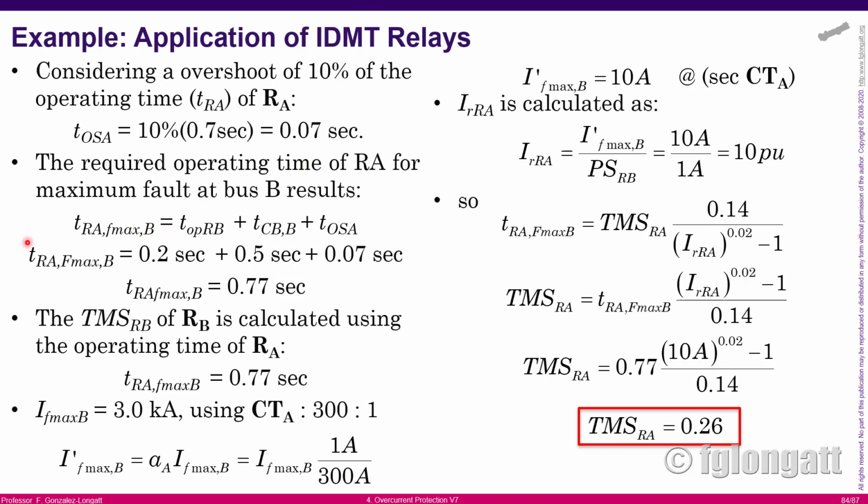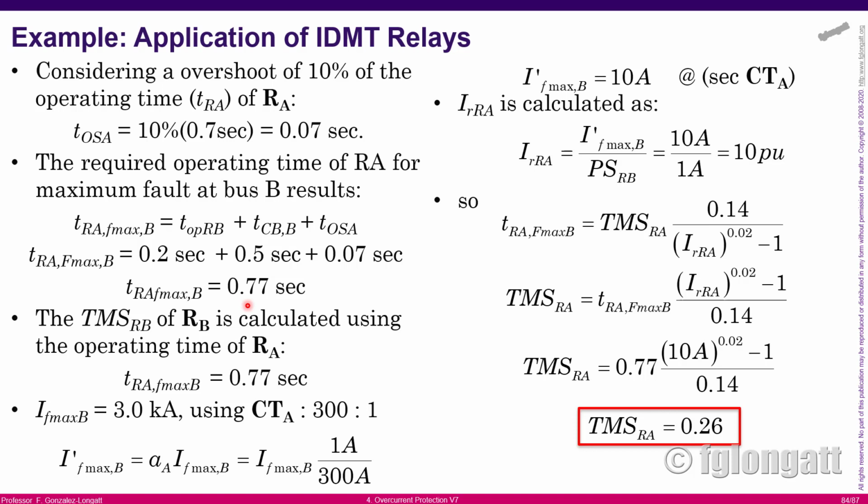Now coming back, the operating time that we need to define for the setting of relay A must be 0.2 seconds coming from the operating time of relay B plus 0.5 seconds coming from circuit breaker B, and then we are adding 10%, so the operating time of relay A must be 0.77 seconds, okay?